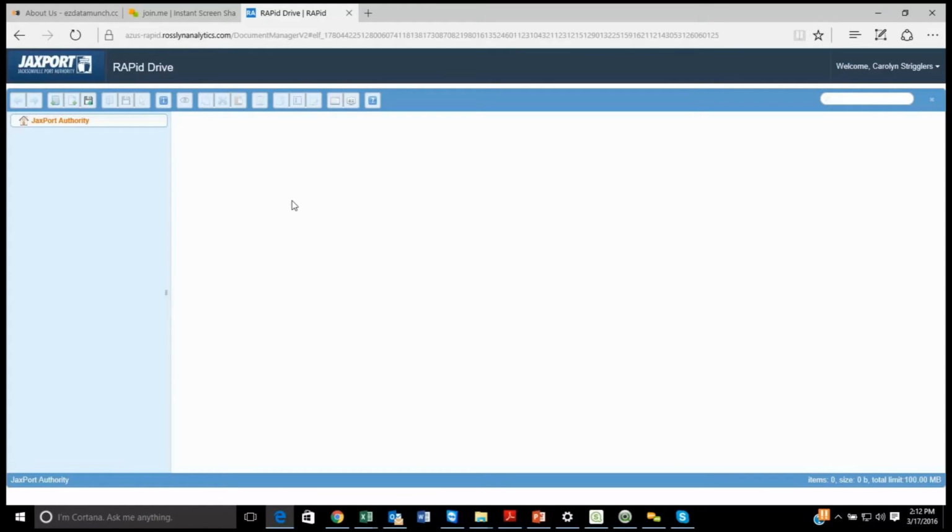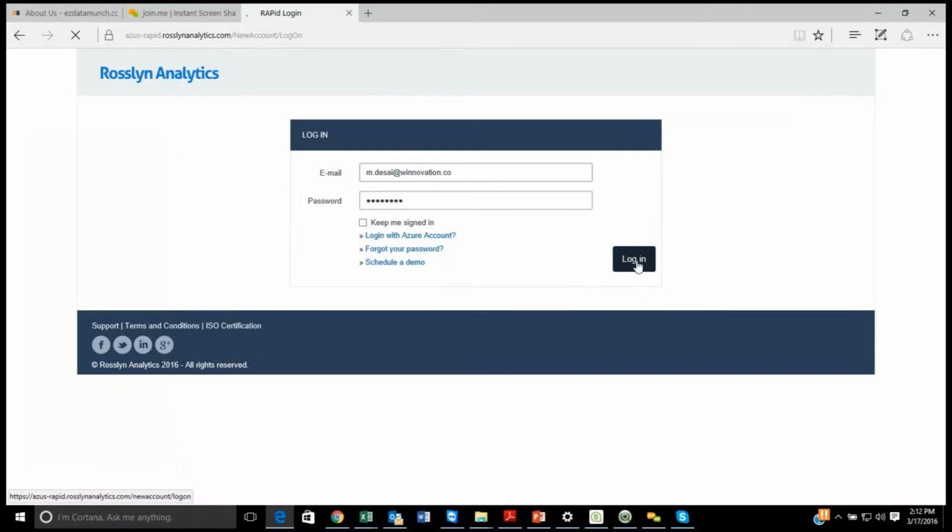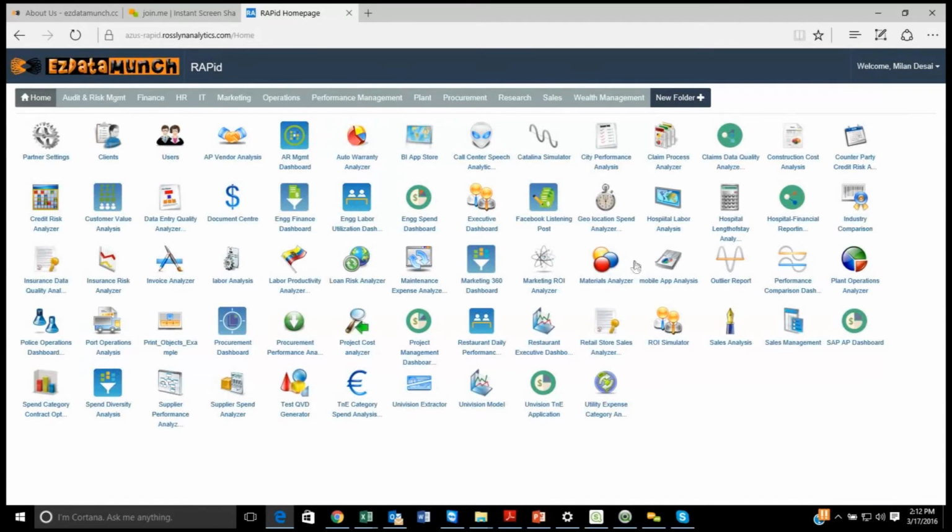So this is a document center area that we provide within our system, where you can manage your data files. We also have an option of not using this document folder structure, where we can directly connect to the data sources that you have within your enterprise. So you can do whichever works best for you.